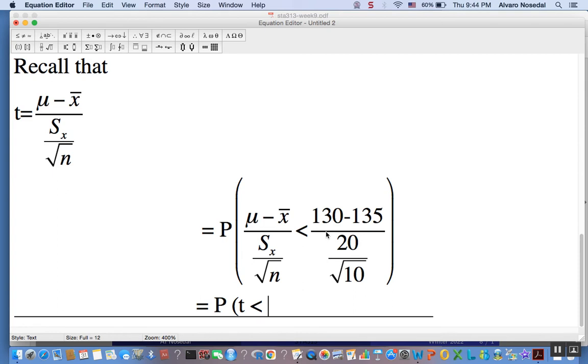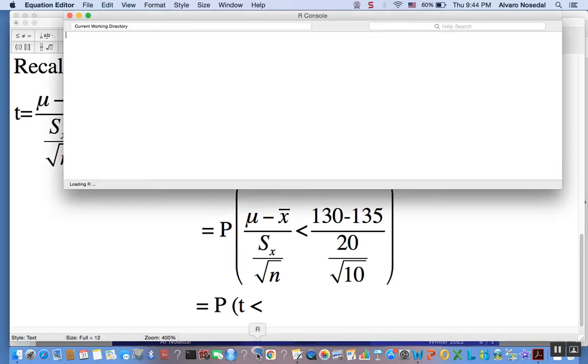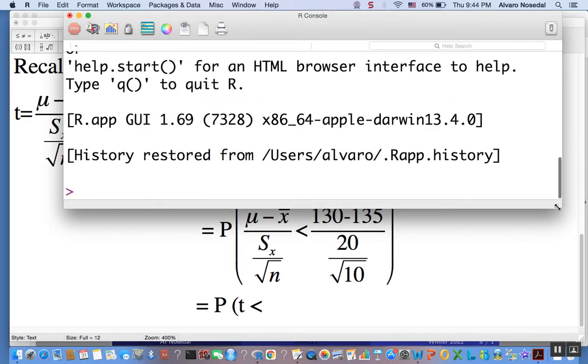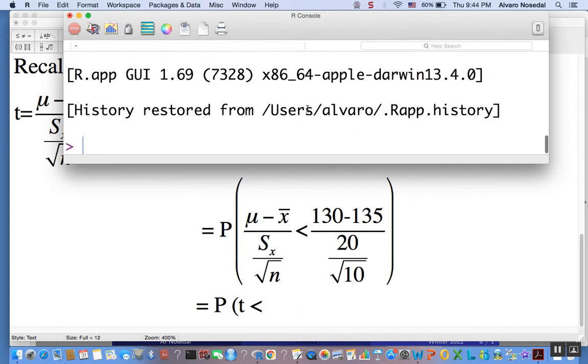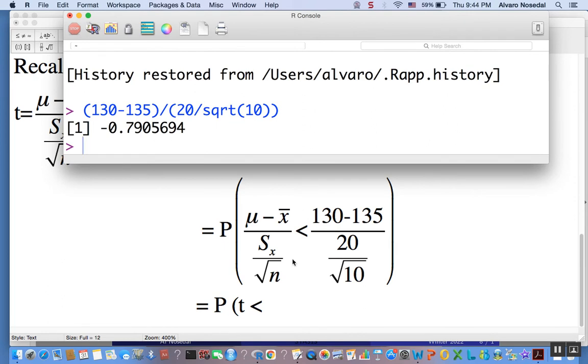Let's do the math using R. So let me launch R. And what we need is 130 minus 135 divided by 20 divided by the square root of 10. There we are. So let me round that to 4 decimal places. That should be enough.